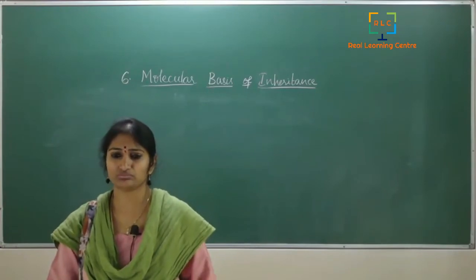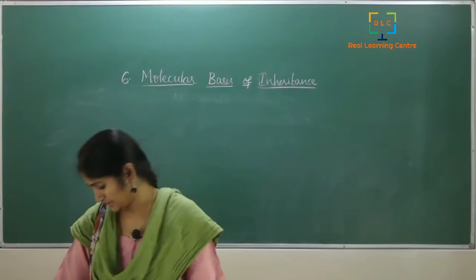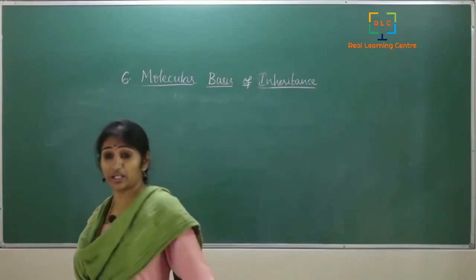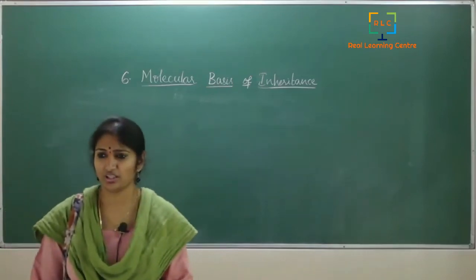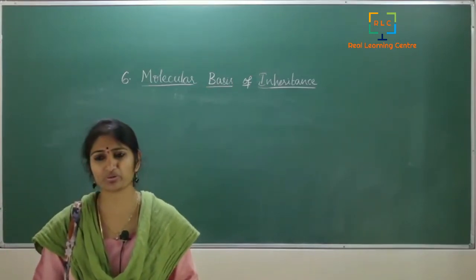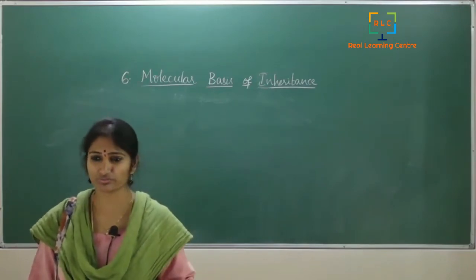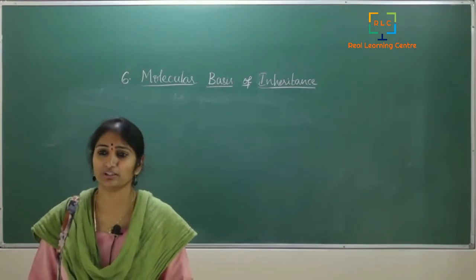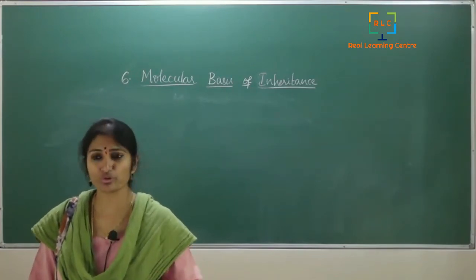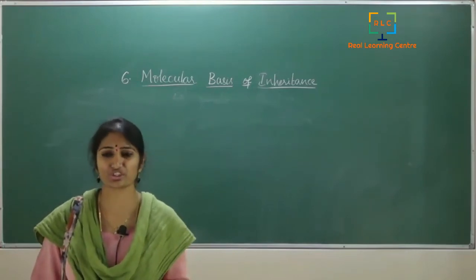So this was the work of Avery, MacLeod and McCarty. But even then, people were not highly convinced, maybe because the R itself had a few enzymes, or the whole thing was not very clear, and many such things. They wanted a few more experiments to be satisfied that DNA is the genetic material.